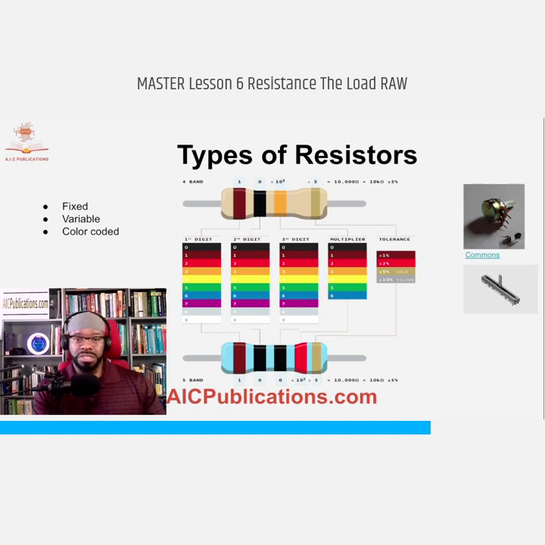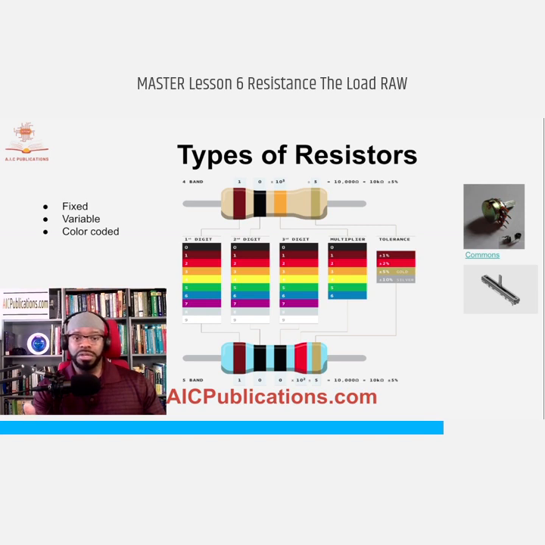There are resistors that have tolerance levels of even 1% and smaller when precision is really needed. But this 220 ohm resistor is a fixed resistor, and it's fixed at its value.